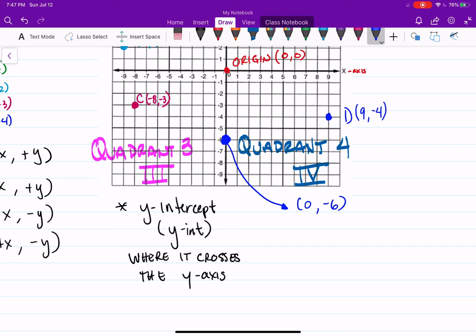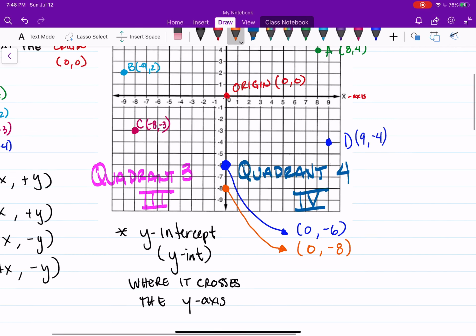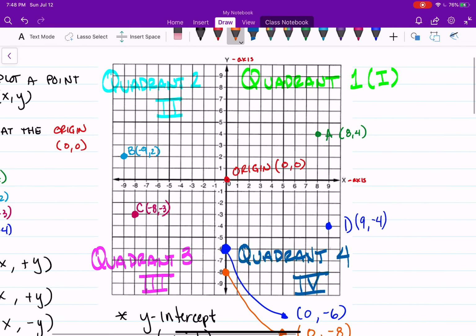Let's plot another one right here. If we were looking at this point, we again start at the origin, left and right none, and down 8, so negative 8. So that's another y-intercept. Anything on the y-axis can be considered a y-intercept.